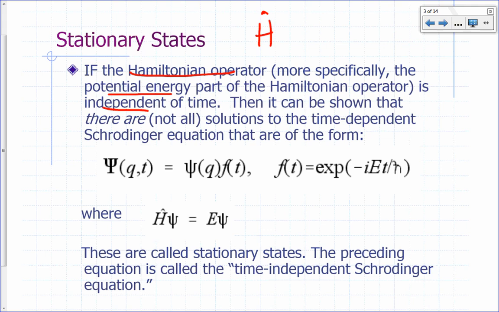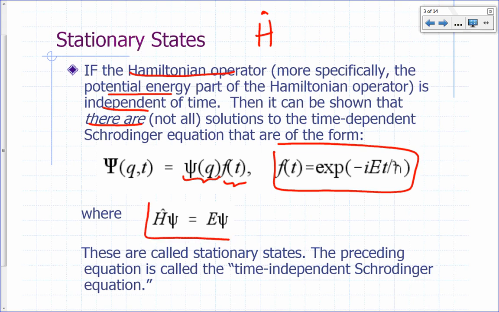So we said that there are solutions to the time-dependent Schrodinger equation. We made the assumption that there are solutions that you can write as a function of coordinates times a function of time, and we found that the function of time has to be of this form, and the function of coordinates must satisfy this eigenvalue equation.